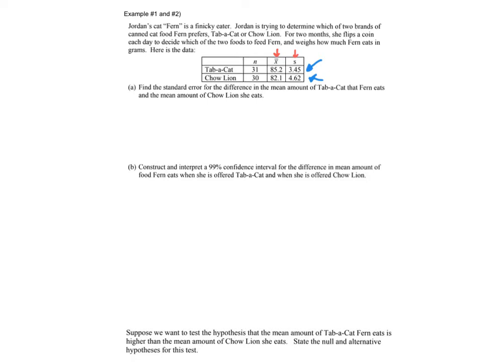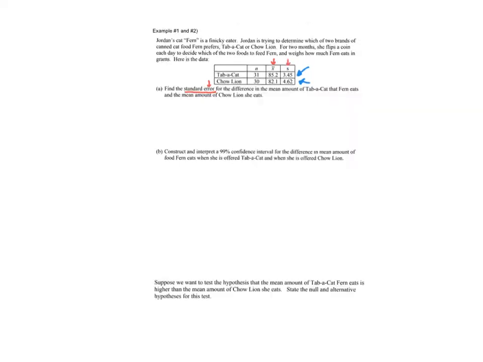So let's find the standard error of the difference in the mean amount of Tabcat that Fern eats and the mean amount of Chow Lion she eats. So here's the deal, guys: standard error sounds like standard deviation. It's just when we replace the population something with the sample something, so that it becomes error instead of deviation.